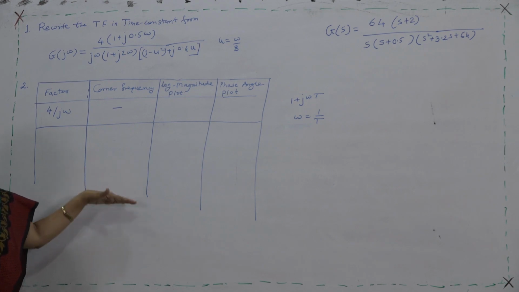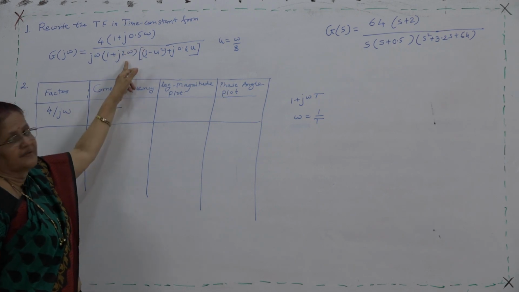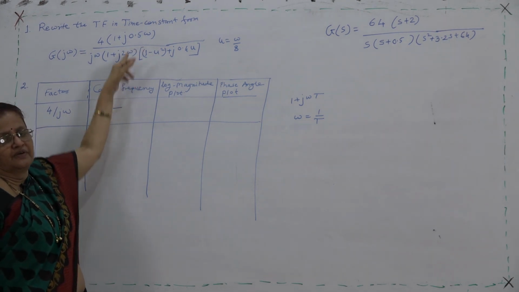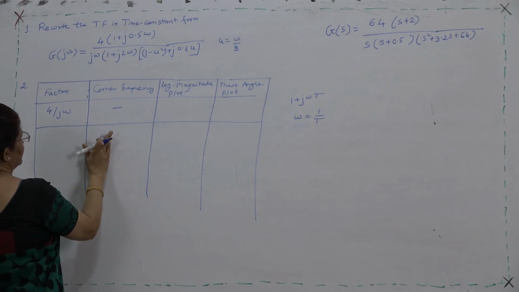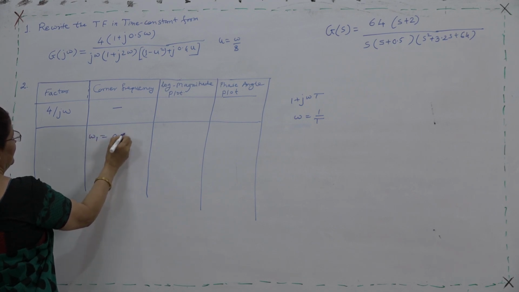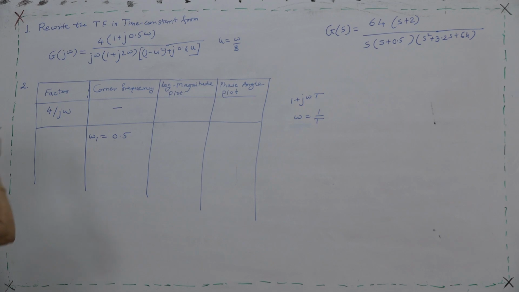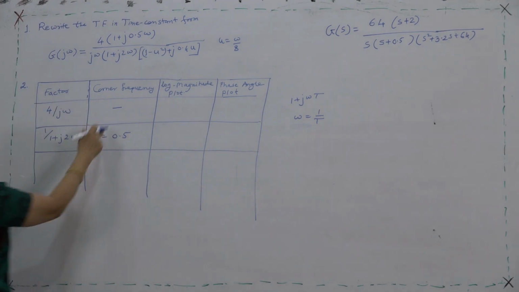So, which term will you consider now? Here the corner frequency is 2, here the corner frequency is 0.5. So, 0.5 is less than 2. So, you have to consider the first corner frequency omega 1 is equal to 0.5. Which is that term? The term is 1 upon 1 plus j 2 omega, 1 by t, that is 1 by 2. So, 0.5.